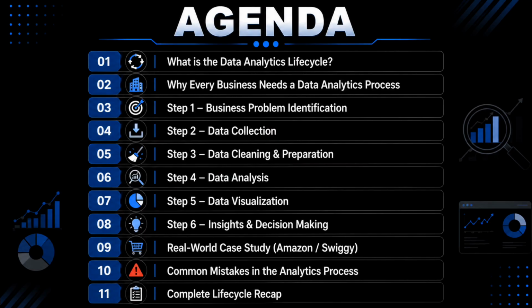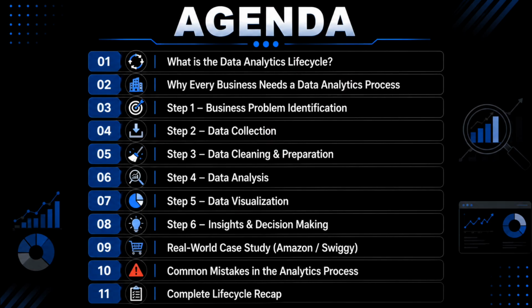On your screen, you can see the complete agenda for today's video. Let's quickly look at what all topics we are going to cover. First, we will understand what the data analytics lifecycle is and why every big company strictly follows this process. After that, we will go step by step through all 6 main stages, starting from defining the business problem, collecting and cleaning raw data, to performing analysis, creating dashboards, and making final business decisions.